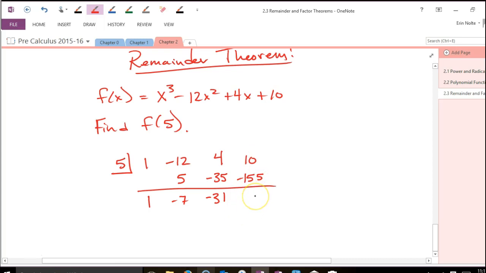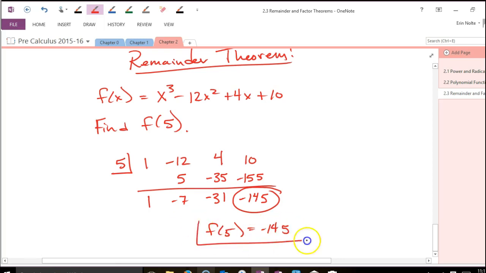And 10 plus -155. The cool thing about this is the function value at 5 is simply the remainder. So it is -145. That's pretty cool, right?